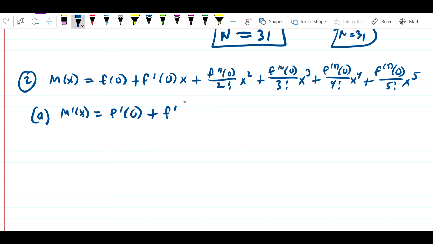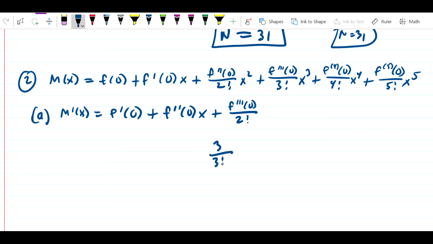So that gives me f double prime of 0 x. Here I have 3 over 3 factorial. So that's going to give me f triple prime of 0 over 2 factorial. And why is that, by the way?